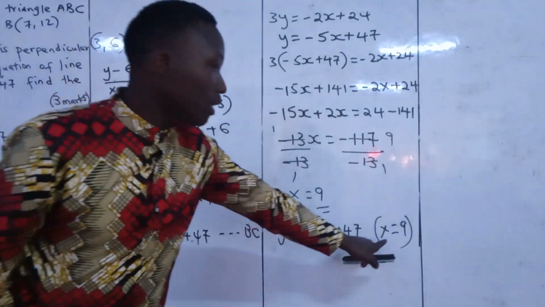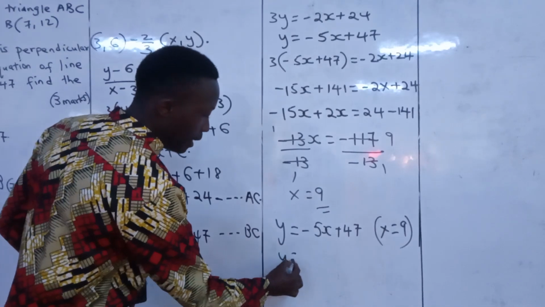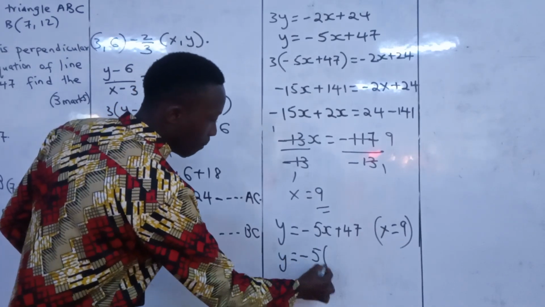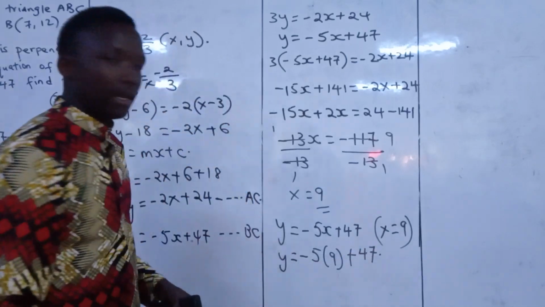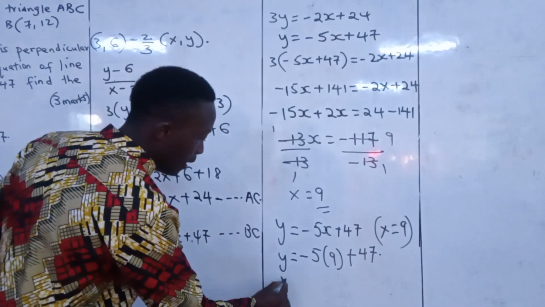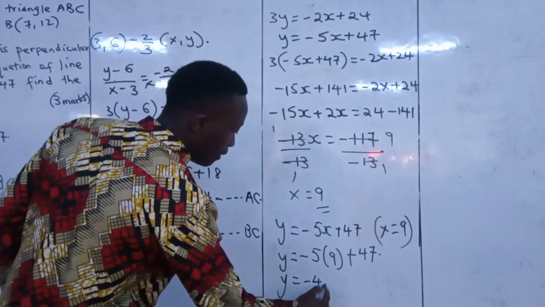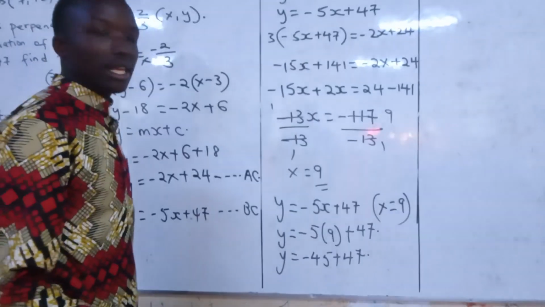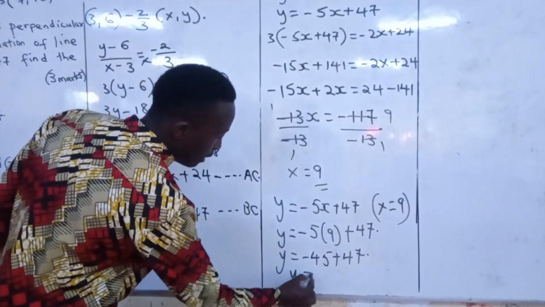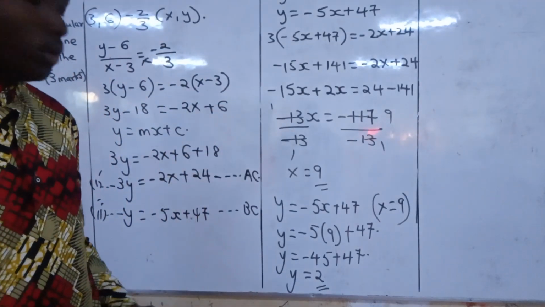So we substitute the value of x with 9, and our y will be equal to negative 5 multiplied by 9 plus 47. Minus 5 times 9 will give you negative 45 plus 47. That will give you y is equal to 2.